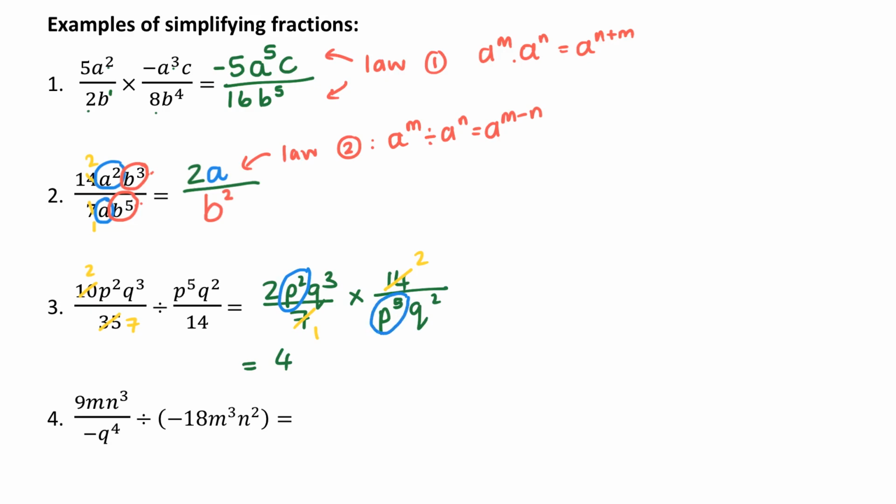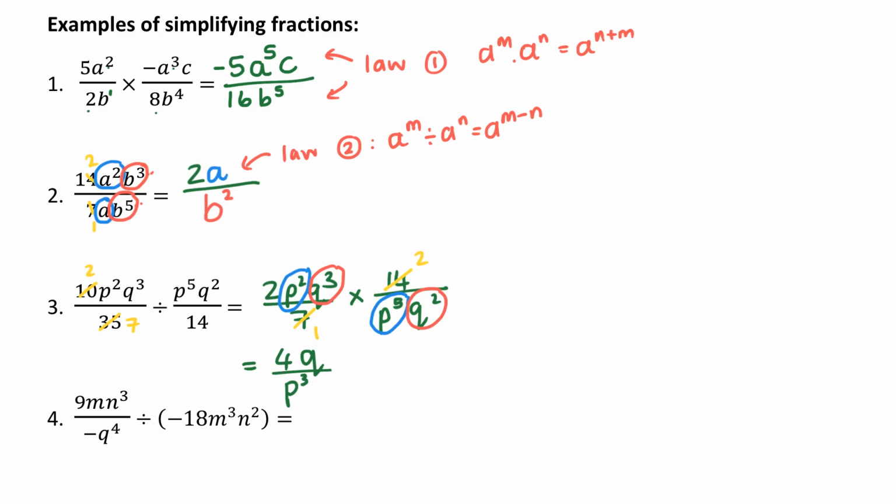Since there are more p's in the denominator, I know that I'm going to end with p's in the denominator. So 5 minus 2 is 3 p's in the denominator. And the q's, I've got q to the power of 3 in the numerator, q to the power of 2 in the denominator. I'm going to end up with q's in the numerator, and 3 minus 2 is 1, and I'm not going to put the 1 there.